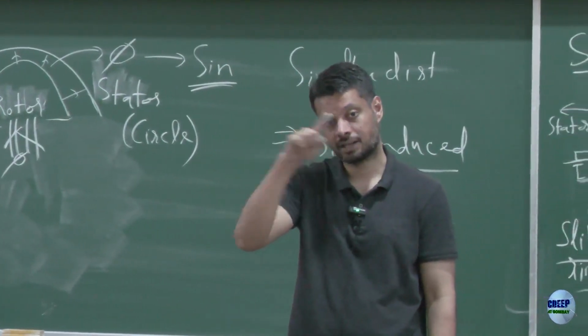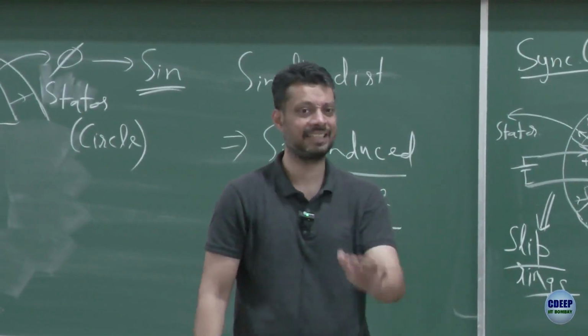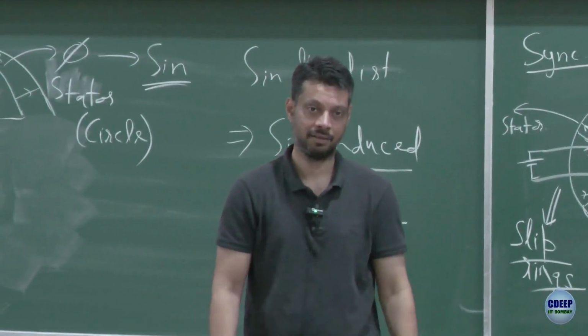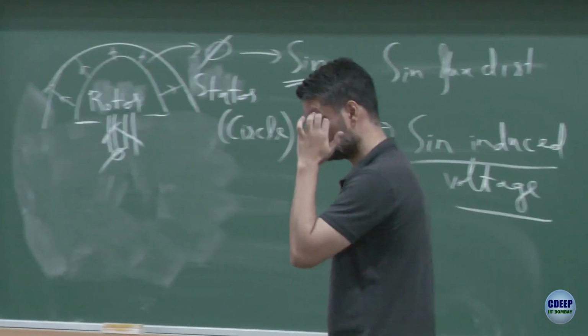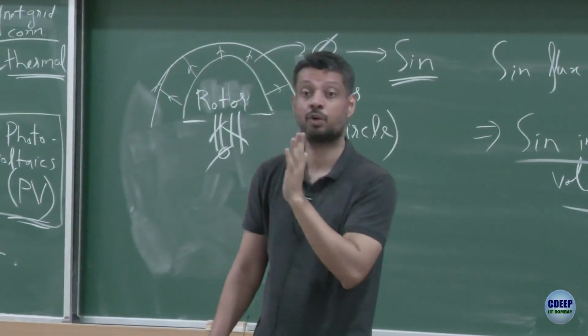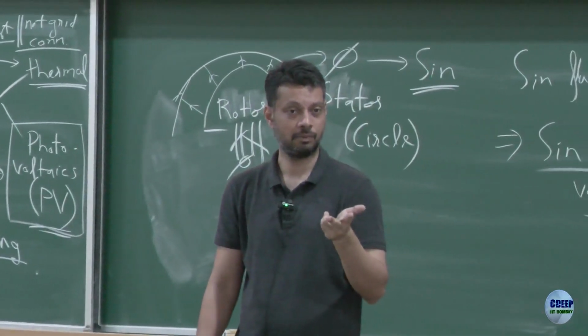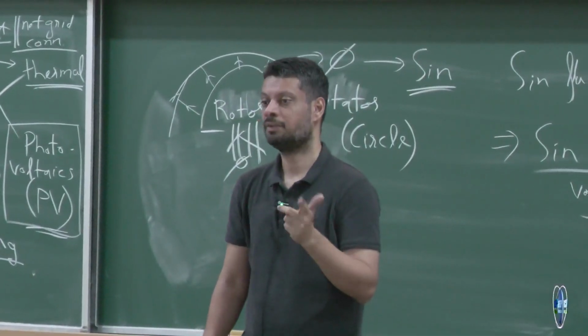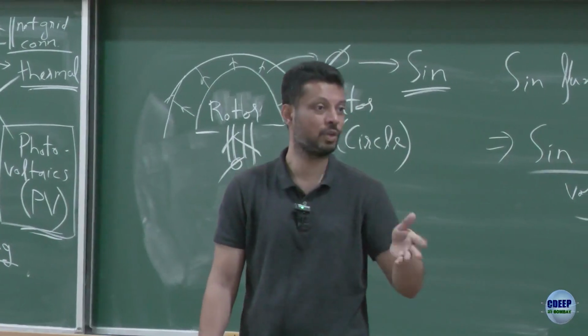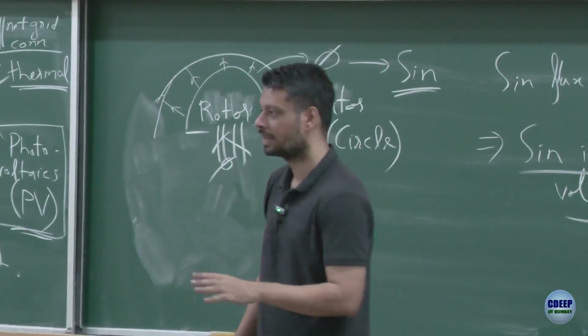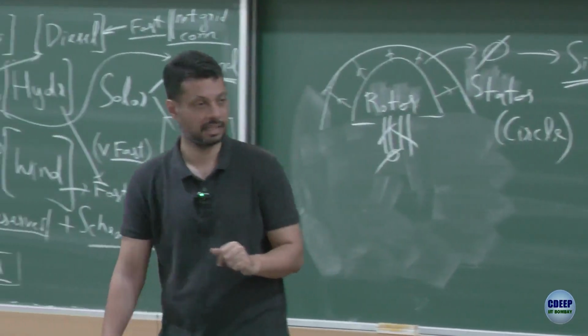In the other case, you get a square wave. It's exactly the same thing, we're just revising it. Of course, we didn't record those lectures, but it is exactly the same as what we discussed in the beginning of the course, when we were talking about DC motor, the first few lectures. You can go back and have a look at it, then we can discuss it again if required.